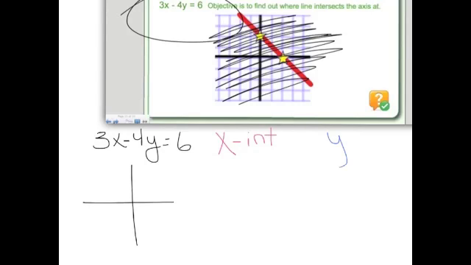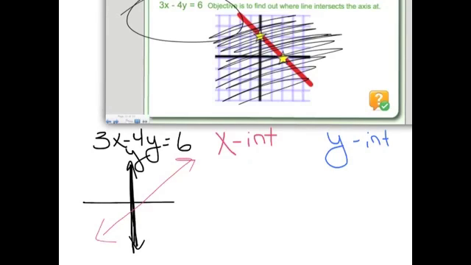If I take a look at my axes, my y-axis is right here. It's the vertical line, right? We also know that if we had some line here like this, the y-intercept is right there, where the y-axis and the line that we're talking about meet.